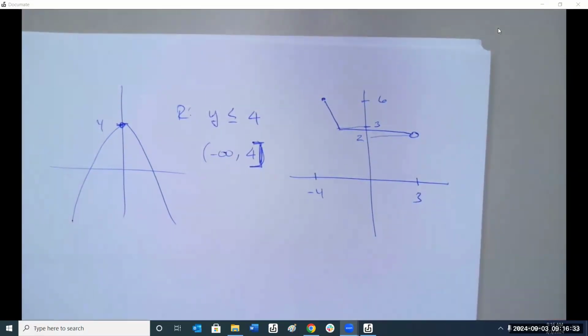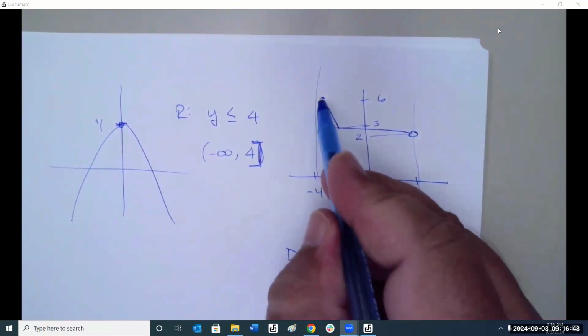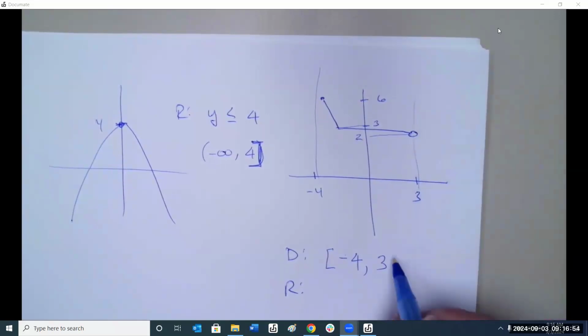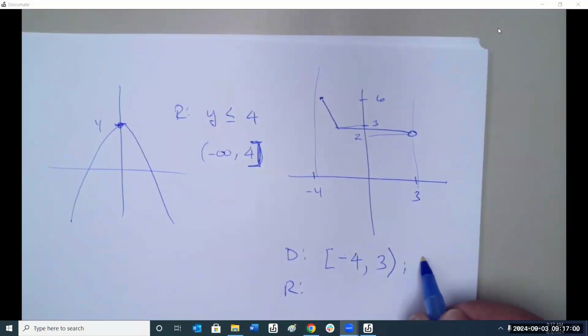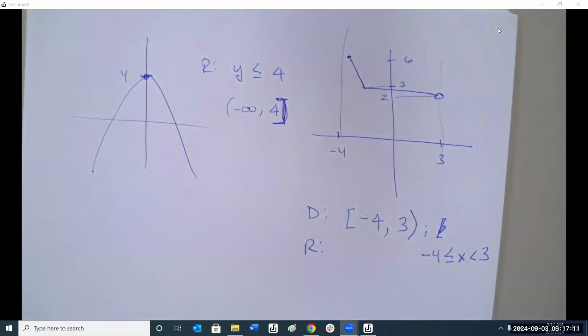So what's the domain and range here? Isn't the domain -4 to 3? Yeah. So look at both ends. Since that's a solid dot, it's a bracket. And it stops at 3 and it's an open circle, so we can't use it. What's the range?